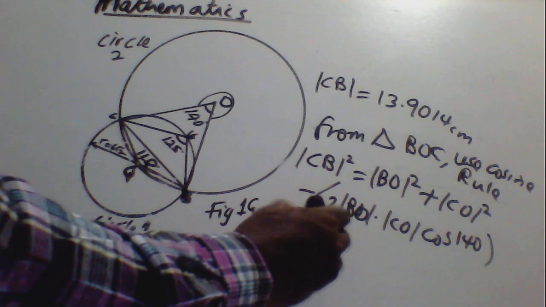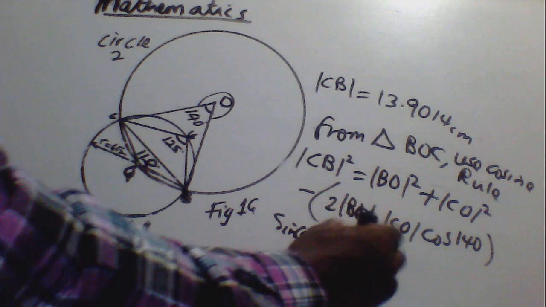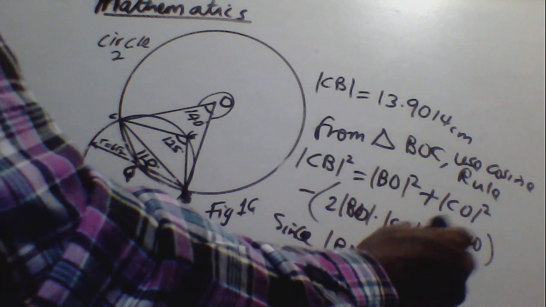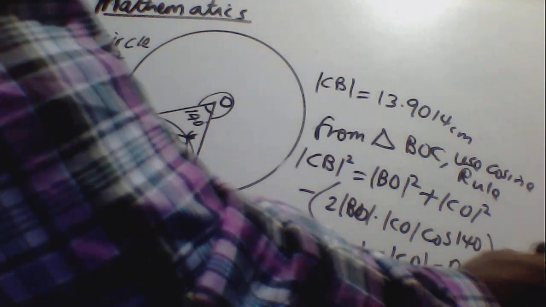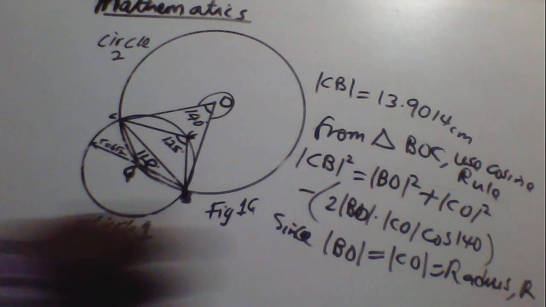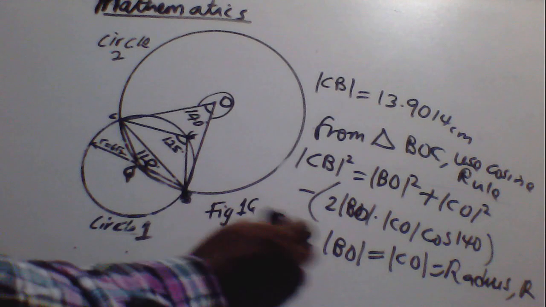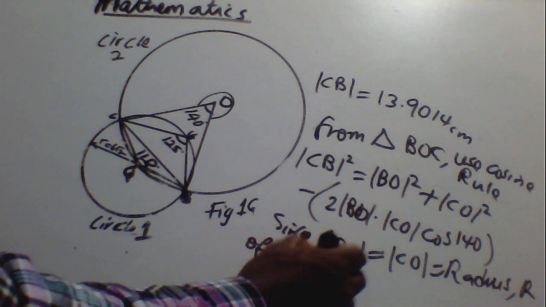Since BO is equal to CO, that is the radius R of circle 2.